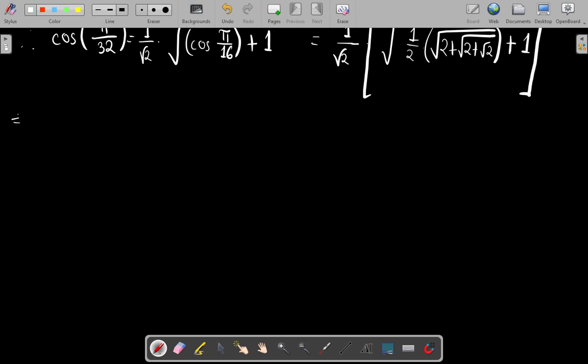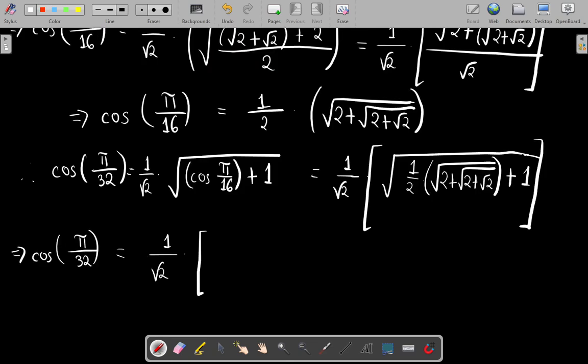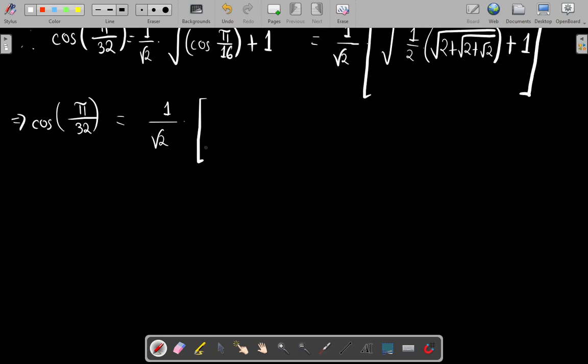So this implies cos pi upon 32 is equal to 1 upon root 2 times, again I will take the LCM inside the square root.